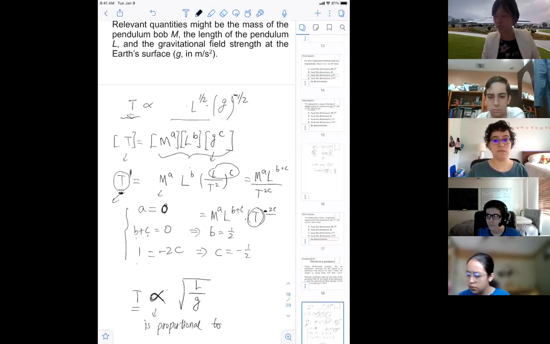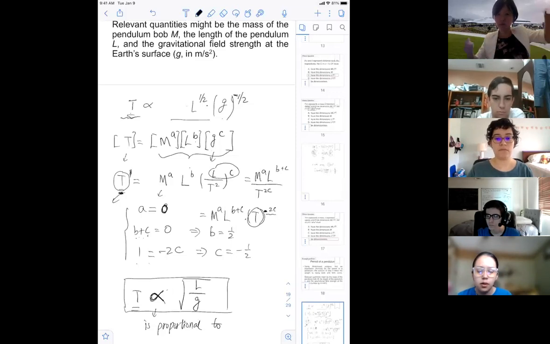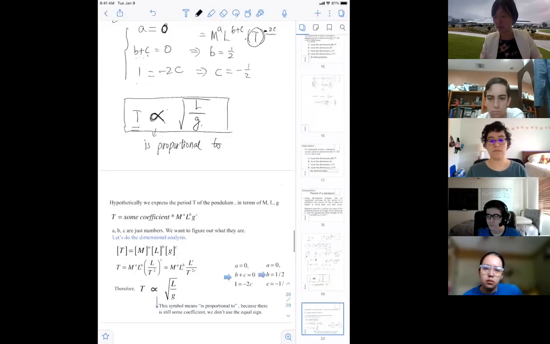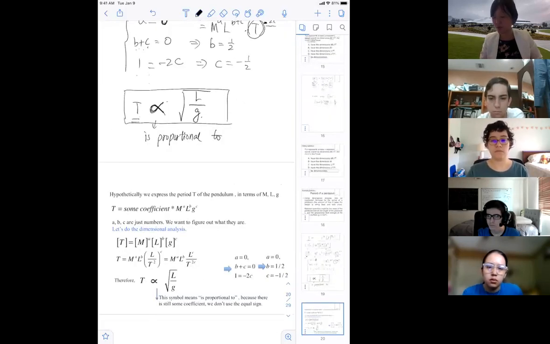We have explored how the period of a pendulum relates to the length of the pendulum and the strength of the gravitational pull that you put your pendulum in. And that's entirely through dimensional analysis. We don't need to know much physics at all. We did not do any experiment. And this is the final result. I clean up everything and you have your solutions here on this page that we have already done.